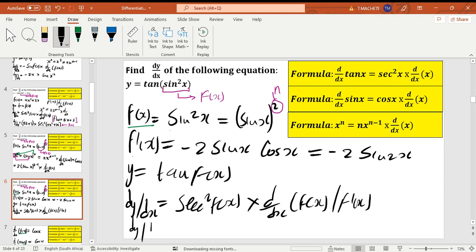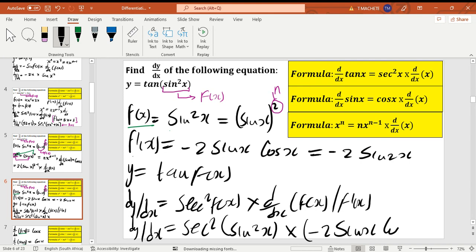So your dy over dx will give you sec squared, your f of x is sine squared x, multiplied by the f prime. So the f prime, you've got minus 2 sine x cos x. That's your f prime there.